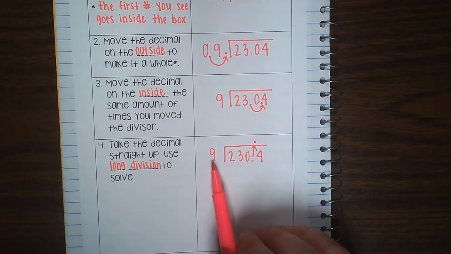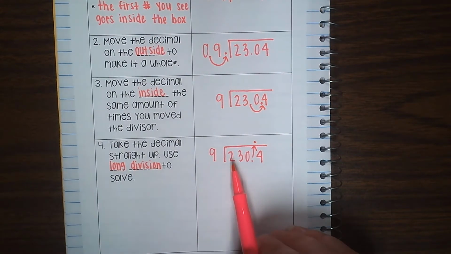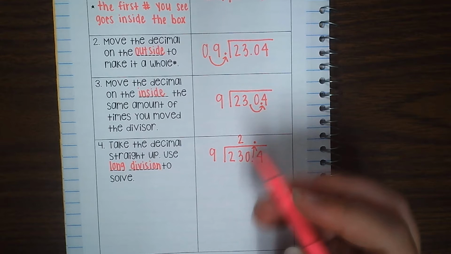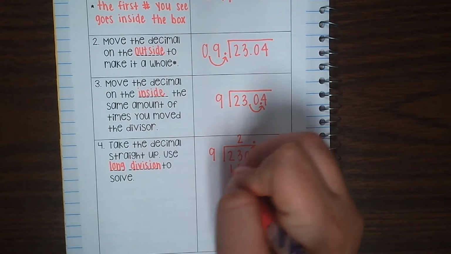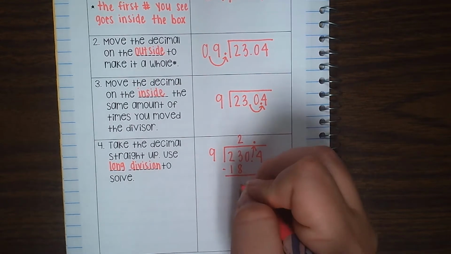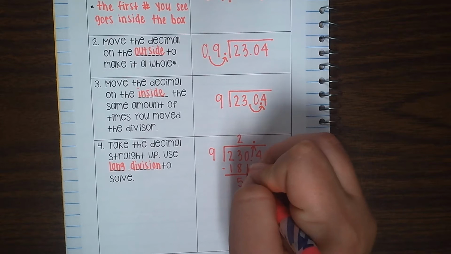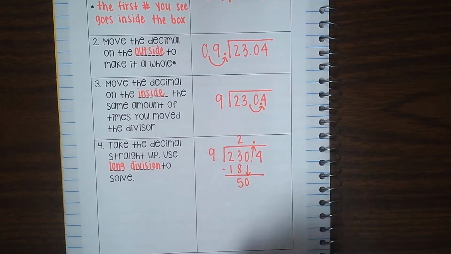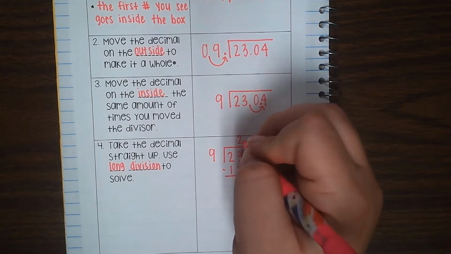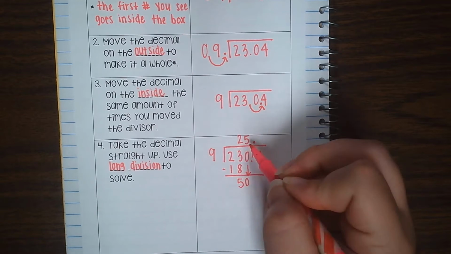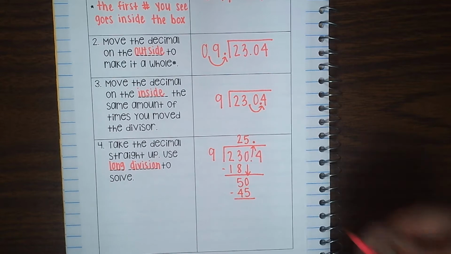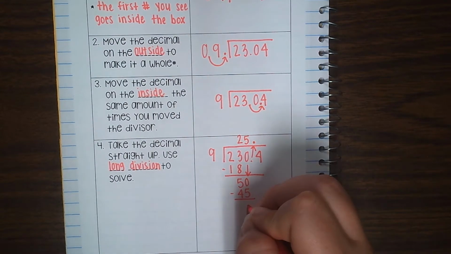Okay, so 9 cannot go into 2. 9 can go into 23 2 times. 2 times 9 is 18. 23 minus 18 is 5. Bring down your 0. 9 goes into 50 5 times. 5 times 9 is 45. 50 minus 45 is 5.